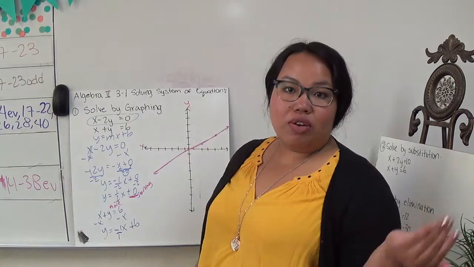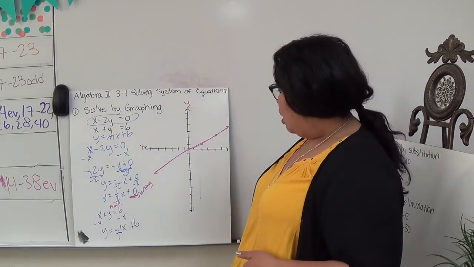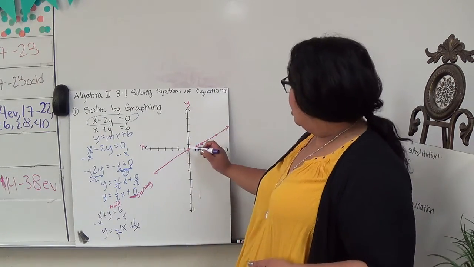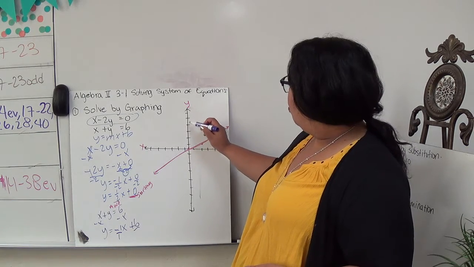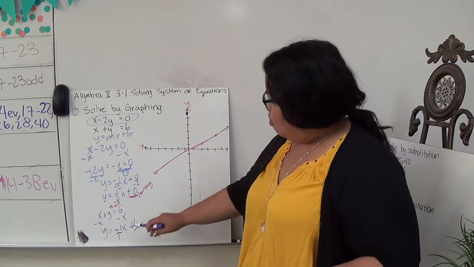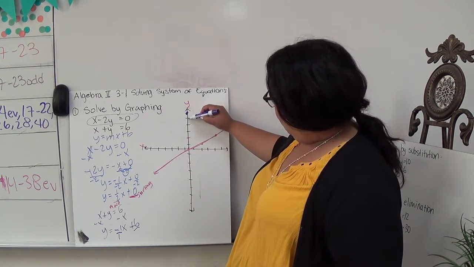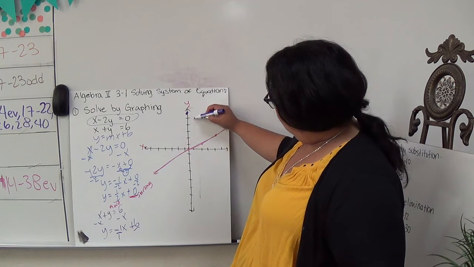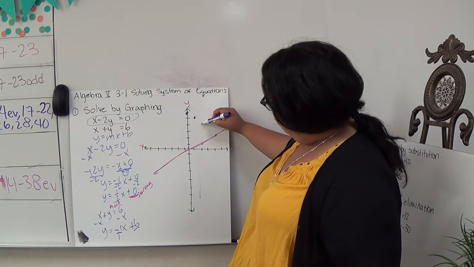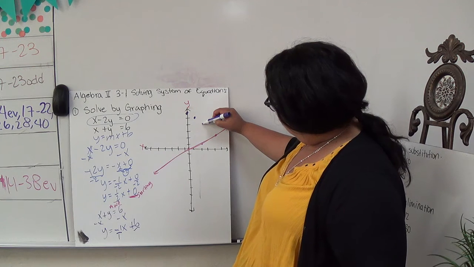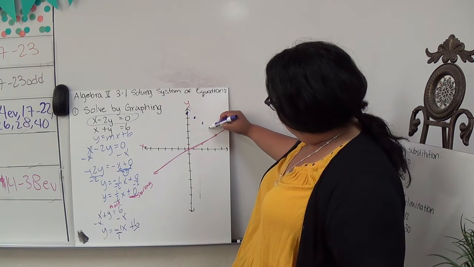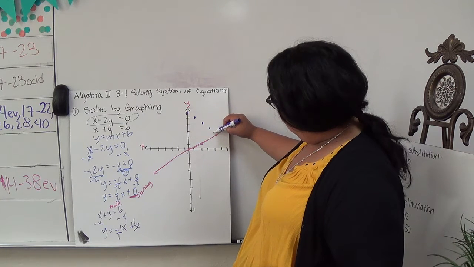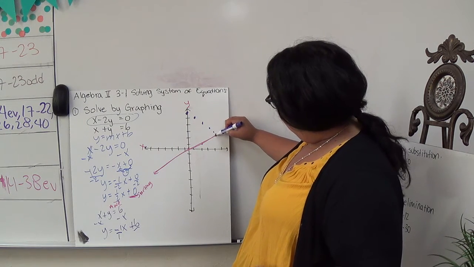Any whole number can be made into a fraction by putting it over 1. So this is my starting point. I'm going to start at 6: 1, 2, 3, 4, 5, 6. And now I'm going to move down 1 and positive 1. Down 1, positive 1, and again, down 1, positive 1.